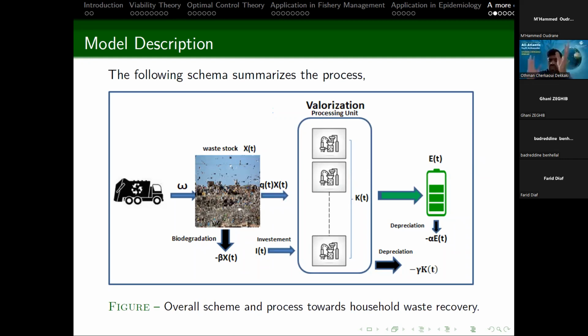But you should understand that these processing units are not built with nothing. They are built with money, meaning through investment. So this is our first control variable, investment. How much investment are we gonna make in this activity? Second, how much waste are we gonna take from the landfill and put in the processing unit?